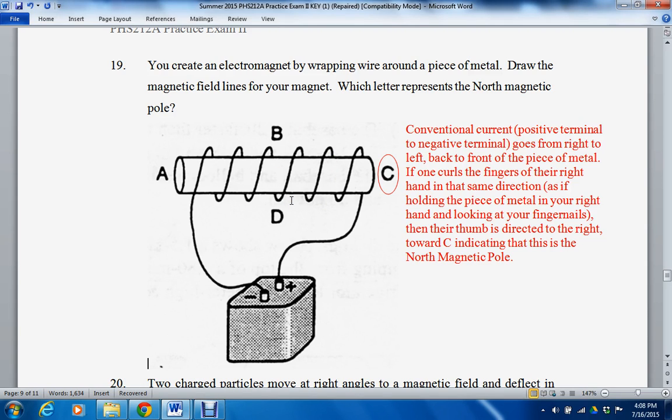If I curve my right hand fingers that way, my thumb is pointing this way to the letter C. That is the north magnetic pole. And then my arrows would go from C to A. Start on C, end on A, north pole to south pole, and I draw a few magnetic field lines around that.